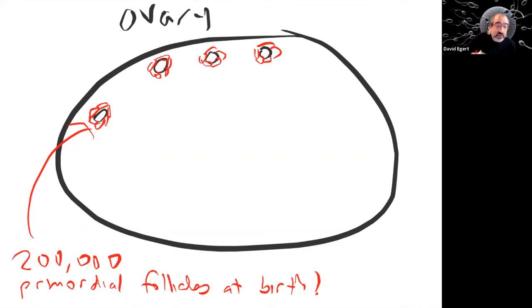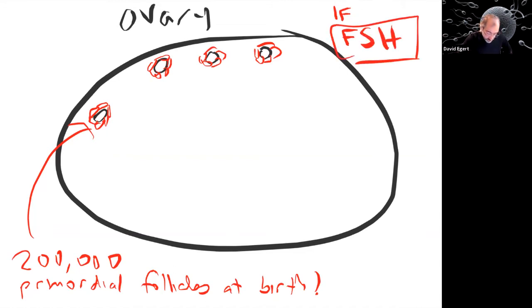So these little follicles, again, the egg as well as the surrounding cells, once there is FSH, and this obviously starts after menarche, when a woman starts reaching sexual maturity. If FSH, this primordial follicle will start developing into a more complicated structure.